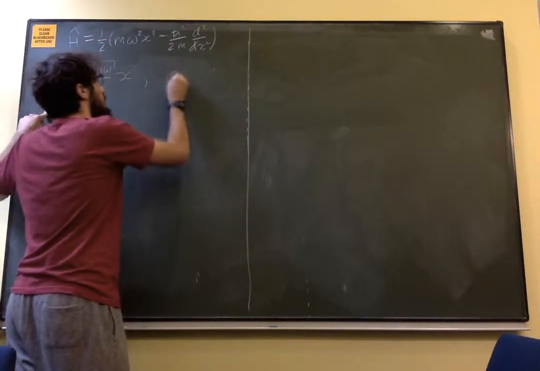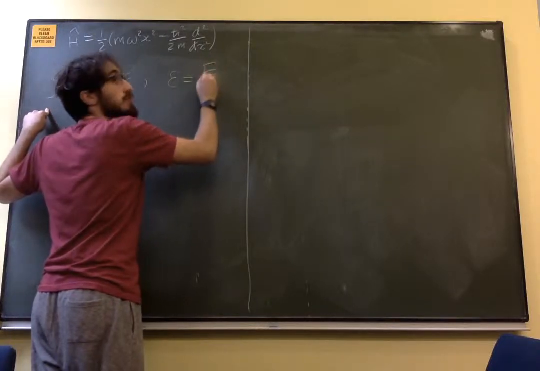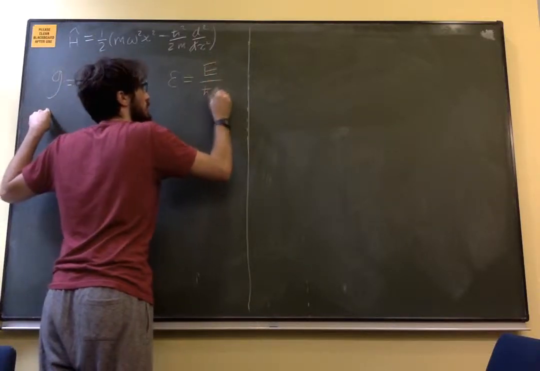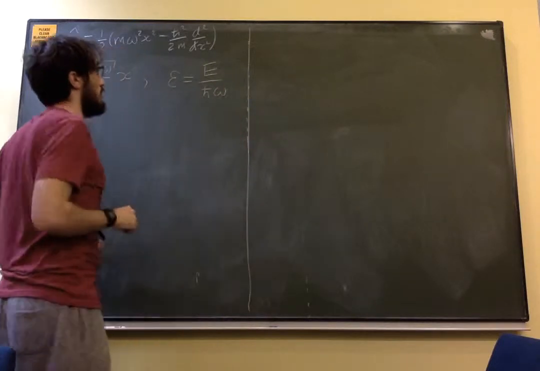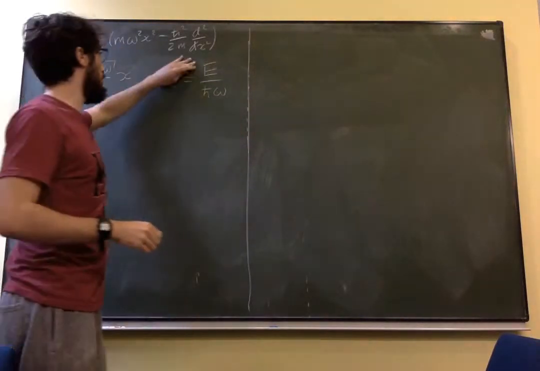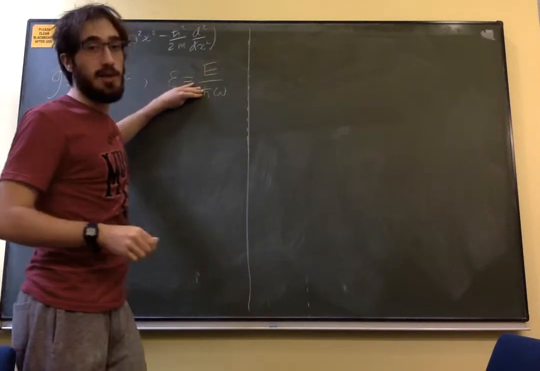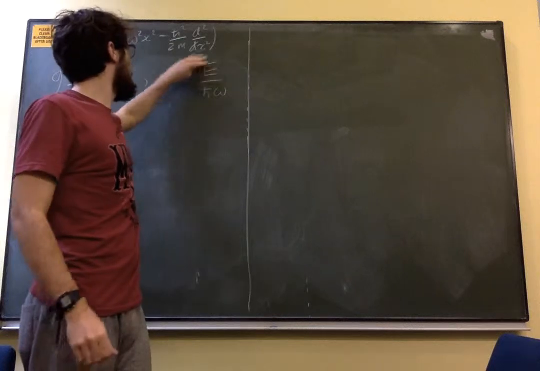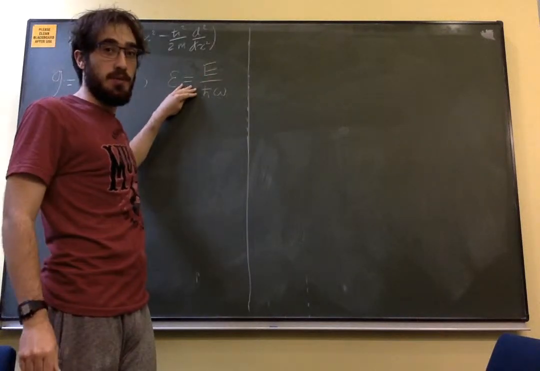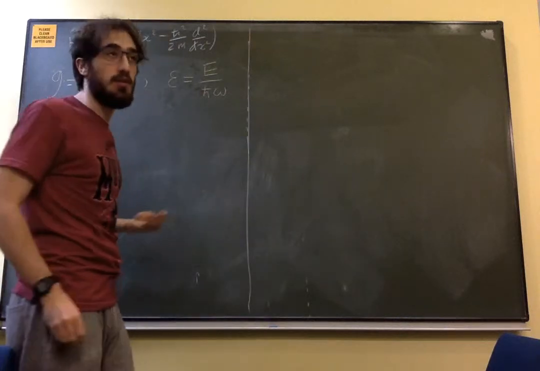Also, I define an epsilon of reduced energy, okay? So this right here is dimensionless, okay? And essentially what I'm doing here is I'm taking the ratio of E to h bar omega, okay? This right here is going to be a dimensionless quantity. This epsilon is in units of h bar omega, if you like.